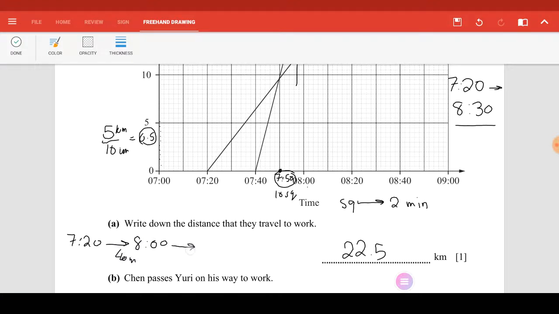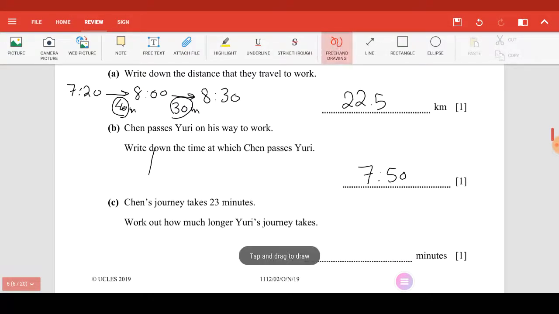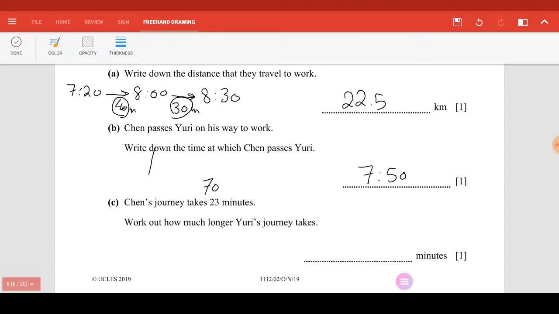Then from 8 to 8:30, the total will be 70 minutes for Yuri's journey. To know how much longer, you need to subtract 70 minus 23. The answer will be 47.